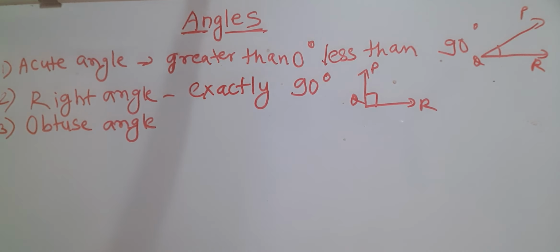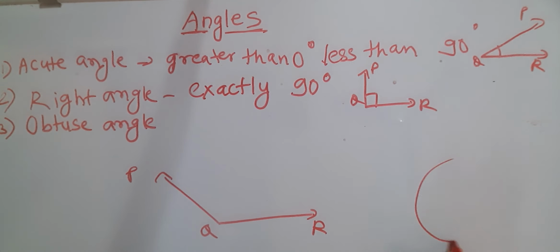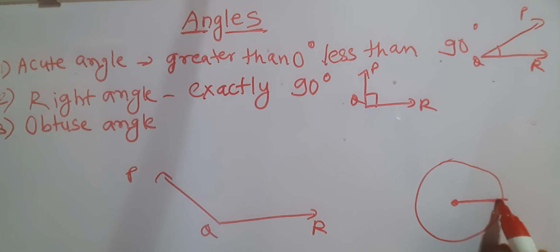Obtuse angle, whenever the angle formed is greater than 90 degrees and less than 180 degrees. So for a circle, if I start from this point, this is 0. There is no angle here.